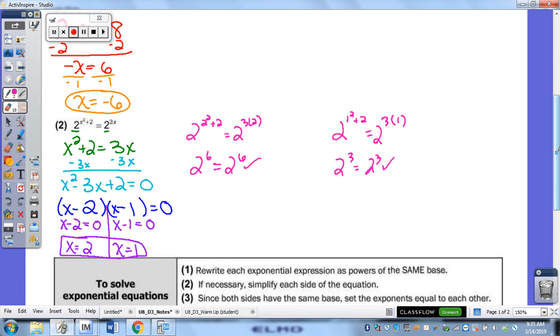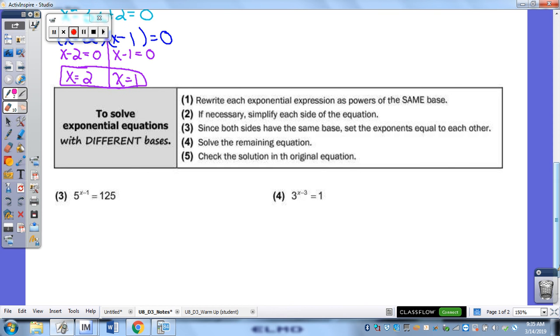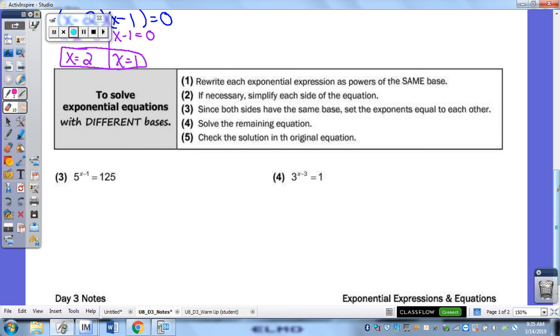So, same base, exponents are set equal to each other. Now these other examples, it's the same notion. If your base is the same, your exponents are going to be equal, only we have a little bit more work to do because this time our bases aren't the same. Here I have a 5, here I have a 125.